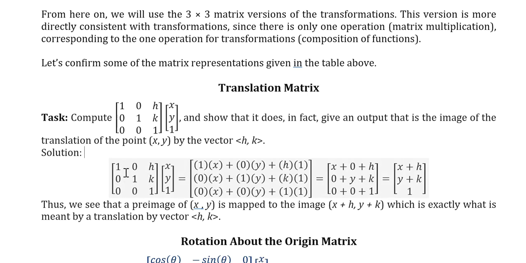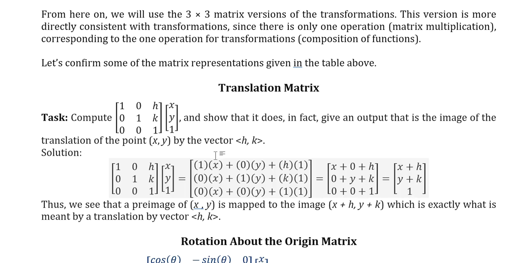Similarly, if we take the second row times this, we get 0 times x plus 1 times y plus k times 1, which is y plus k. And the thing you're always going to get every single time, so you don't even really have to do this, you can just write 1 at the bottom, is that 0 times x, 0 times y, and 1 times 1 added together always gives 1. So you don't even have to think about that one. You can just write the 1 at the bottom.